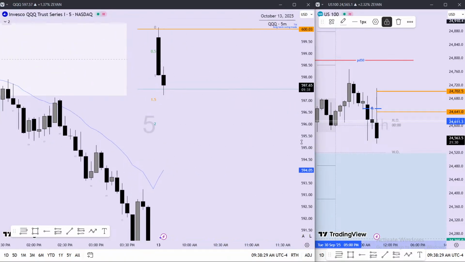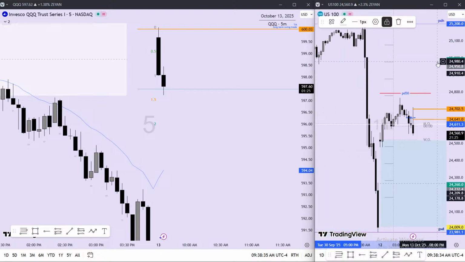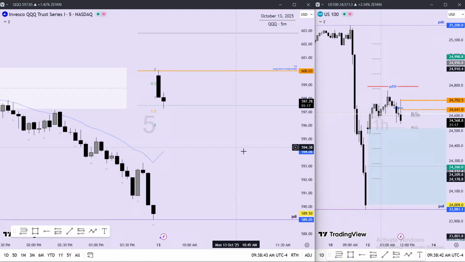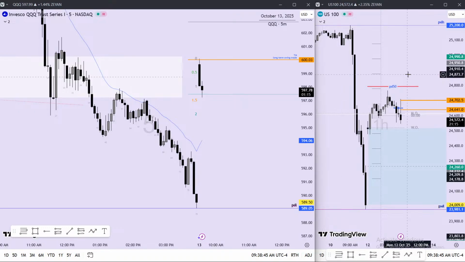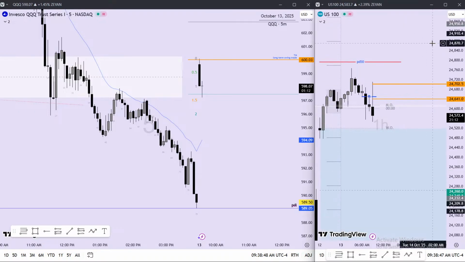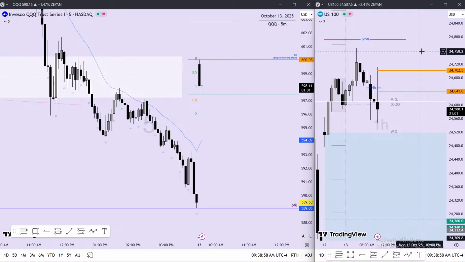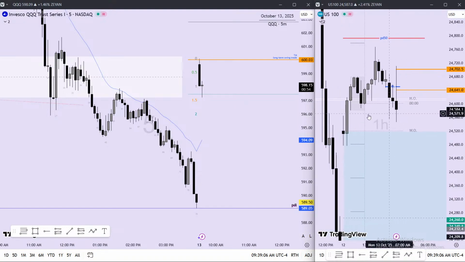The second bar is about to close in 1.5 minutes. We have 21 minutes until 10 o'clock and this hourly close.